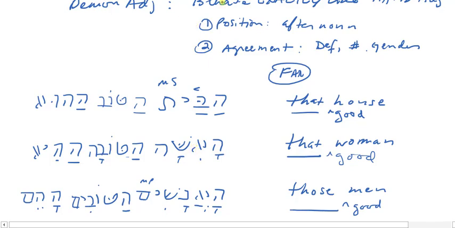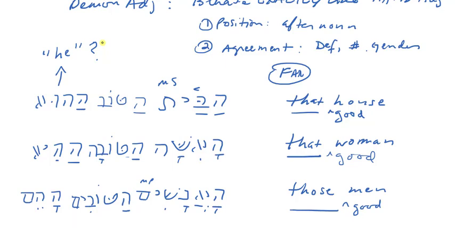All right, so you see how this works? With the near and the far, we're doing the exact same thing. Now, you might come to the word hahu, and you might be tempted not to translate hahu as that, but you might remember, oh, hu is he? Maybe that's the word he. Maybe that's the independent personal pronoun he, right?